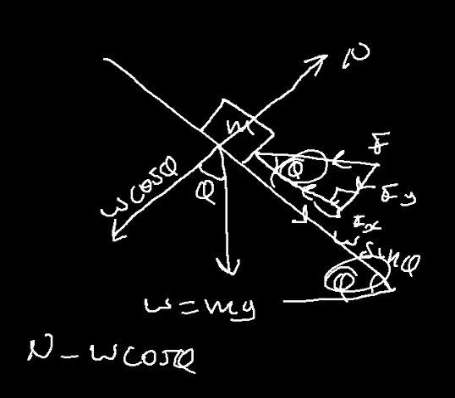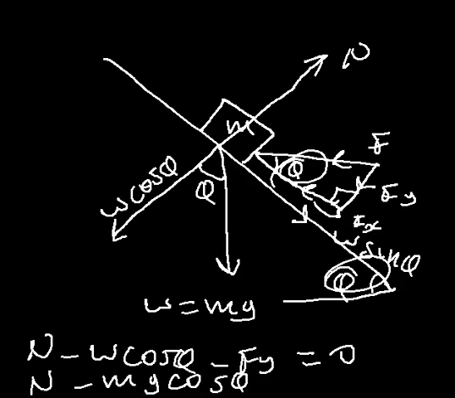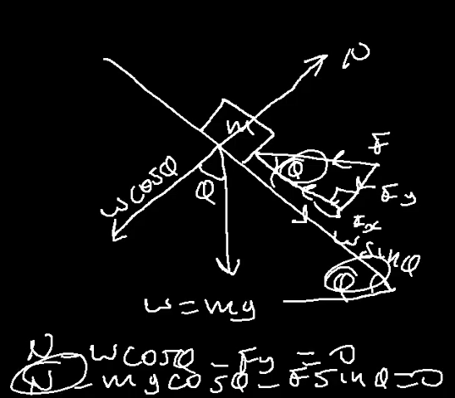And apart from that one, we also have the y component of the force being applied, that is negative since it is also acting downwards. We have it as Fy, which is equal to 0. But what is Fy? So the normal force minus mg cos theta, and minus F sin theta, is equal to 0. Which means we can get the normal force from that. So keep that in mind.